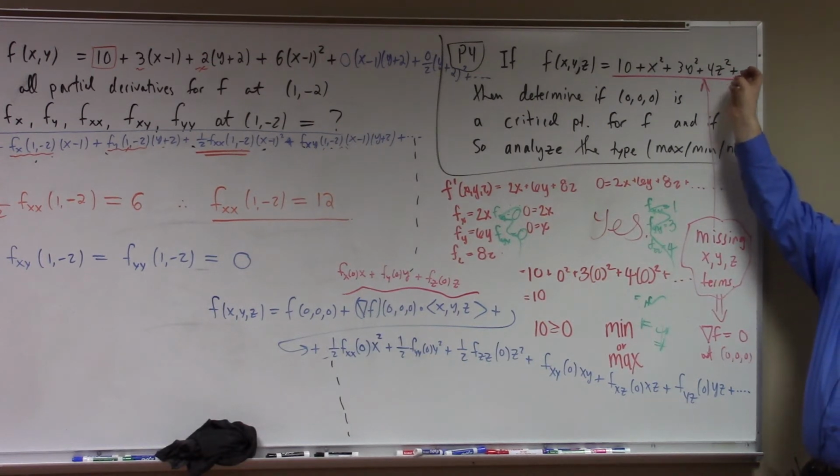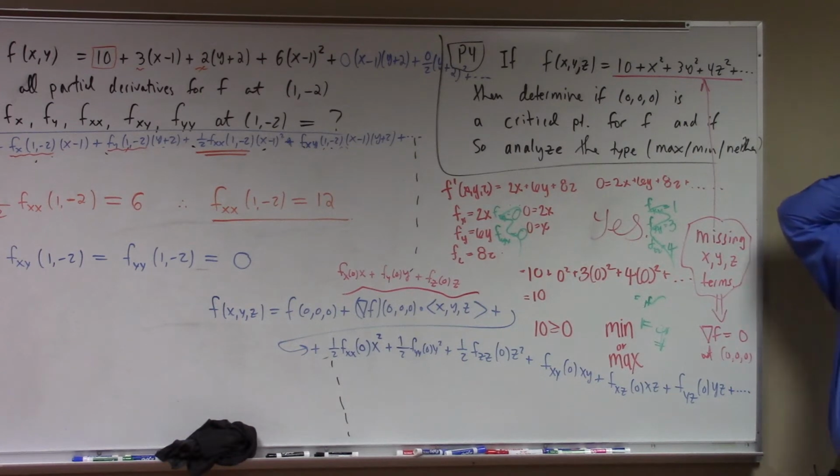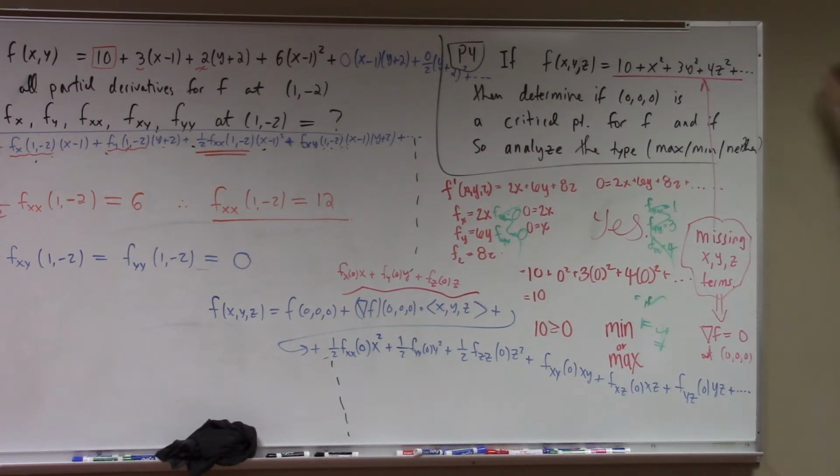So f of 0, 0, 0 is a local minimum. Without the plus dot dot dot, I can't say about global, but certainly f of 0, 0, 0 is equal to 10, and that's a local minimum for the function.